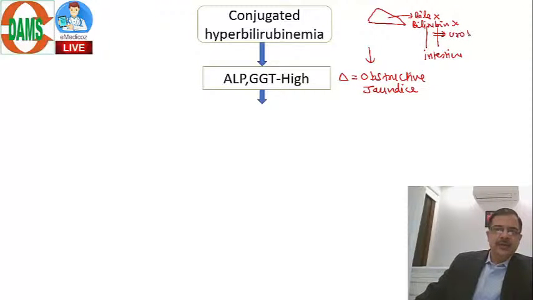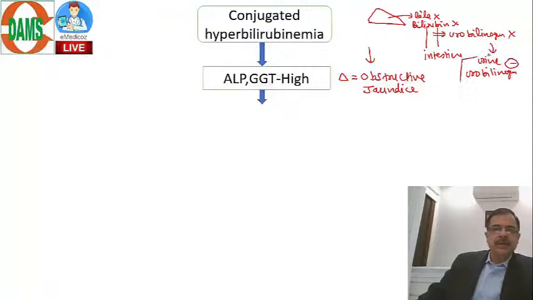As a result, urobilinogen will not be formed in the intestine. It is formed in the intestine and provides a light yellow color to the urine. So urobilinogen is a normal component in the urine.